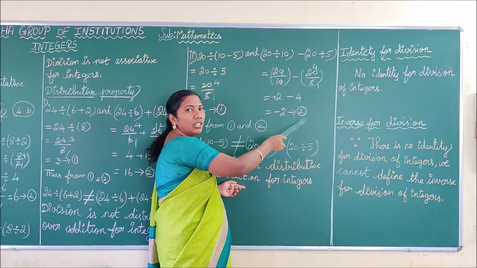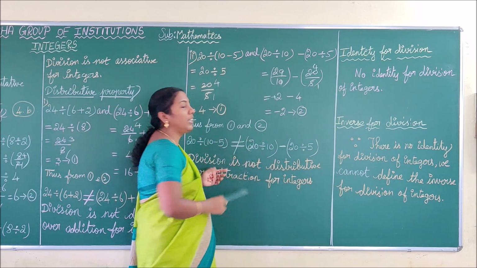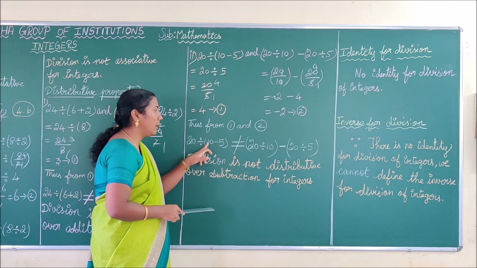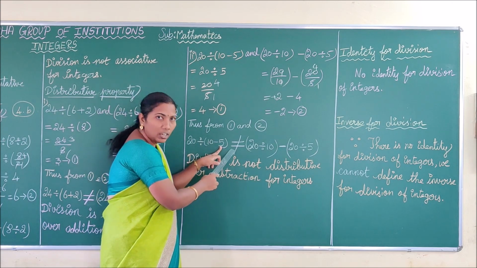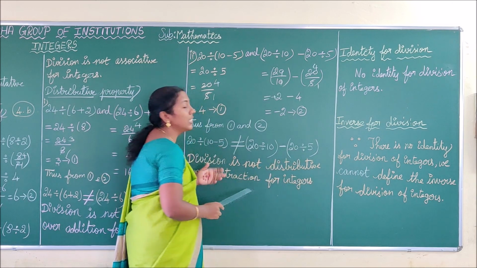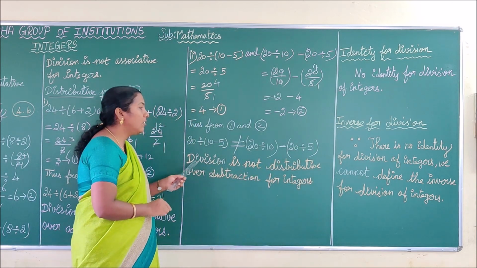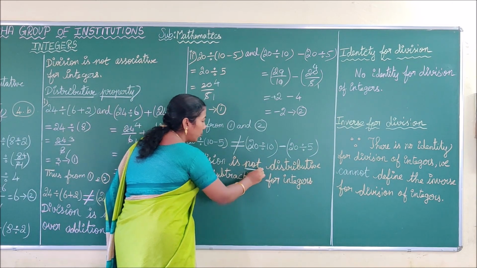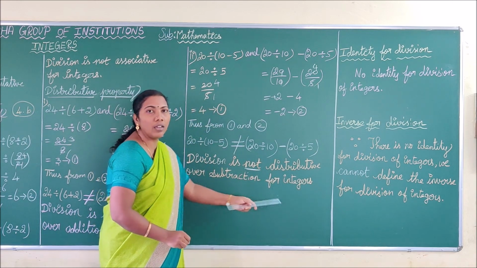Let it be equation number 2. By comparing 1 and 2, we can easily say that 20 divided by 10 minus 5 is not equal to 20 divided by 10 minus 20 divided by 5. Thus division is not distributive over subtraction for integers.